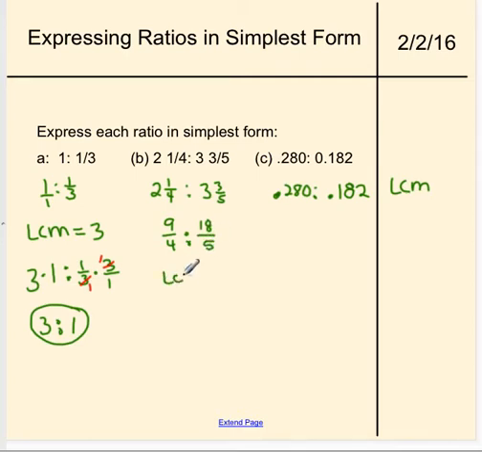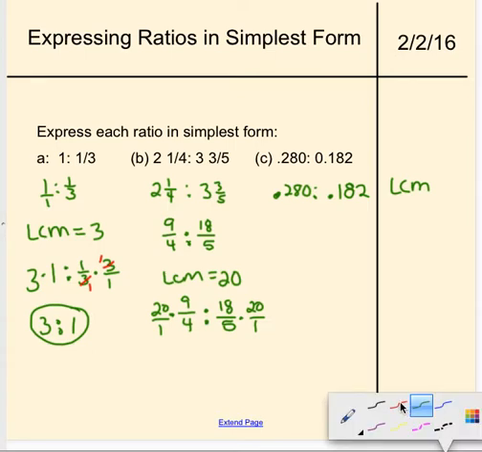And so I'm going to find the LCM of 4 and 5, which is just 20. And so I'm going to multiply now both of these fractions by 20. Again, I'm going to write it as a fraction because I'm going to be multiplying it by a fraction. So here I've got 18/5 times 20 over 1.